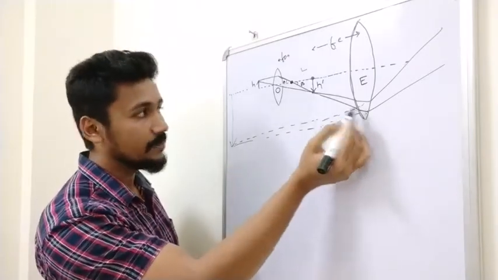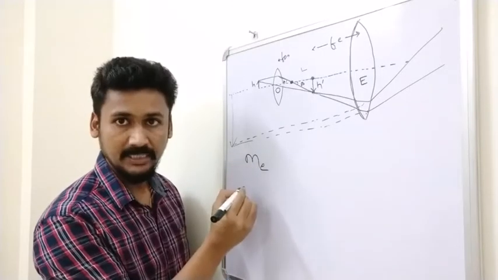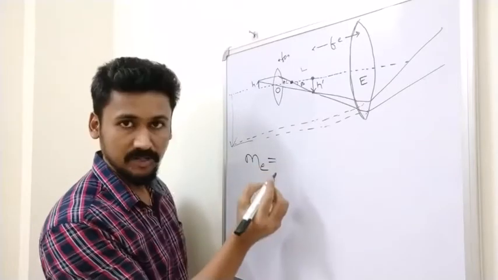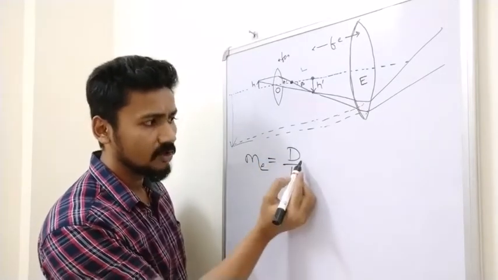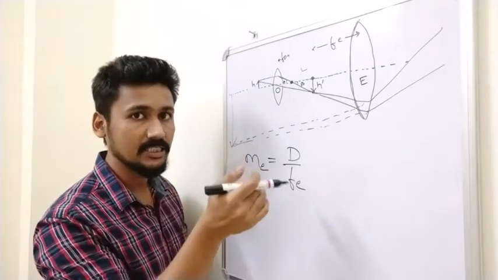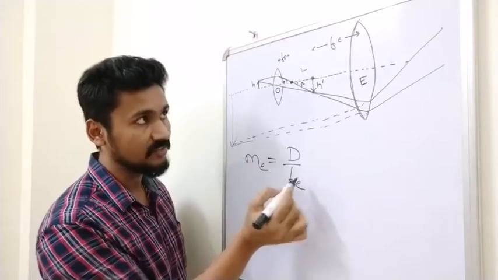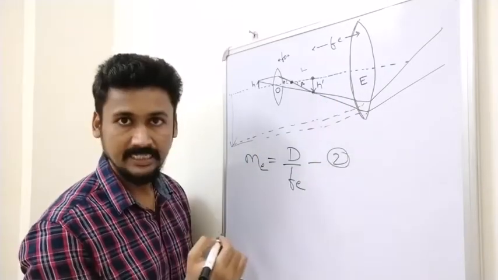So if the image is formed at infinity, the magnification by the eyepiece, which will actually be the angular magnification, will be equal to D by FE. What is D? D is the distance of distinct vision, 25 centimeters, divided by FE. What is FE? Focal length of the eyepiece. Let us call this equation number 2.